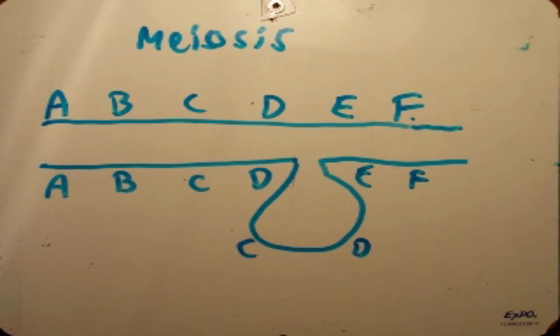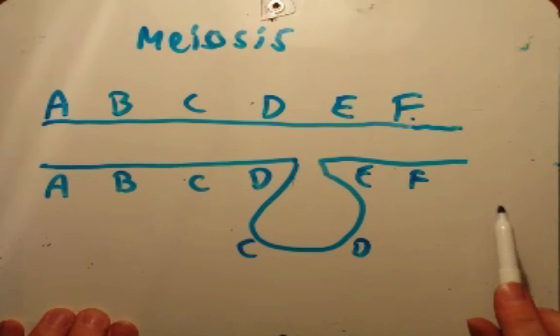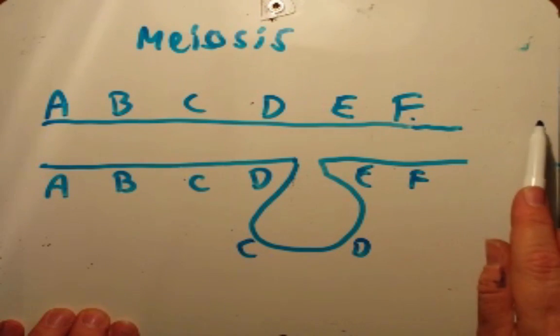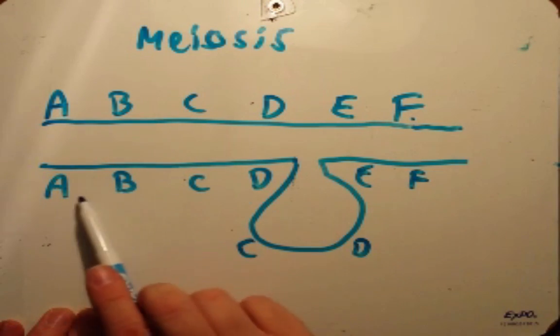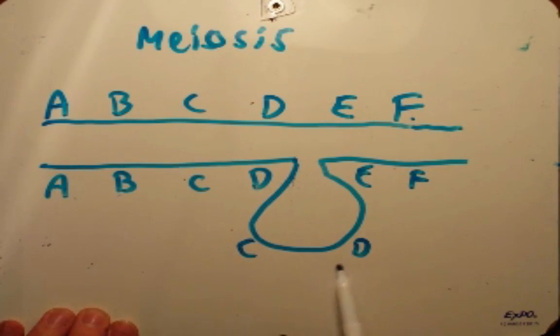Again, just as we saw with the deletions, this doesn't cause a problem. This is the solution to a problem. These will still get packaged up into chromosomes, into gametes. A, B, C, D, E, and F will go into one gamete, and this other one, A, B, C, D, C, D, E, F, will go into another gamete. As long as having this duplication doesn't cause any problems, there won't be any problems with that gamete.